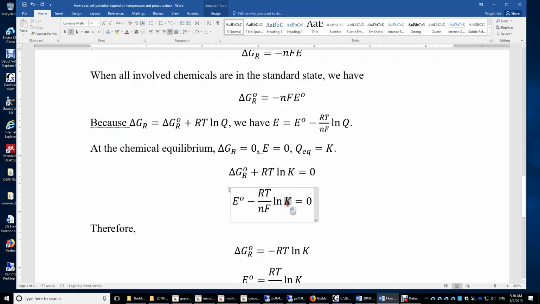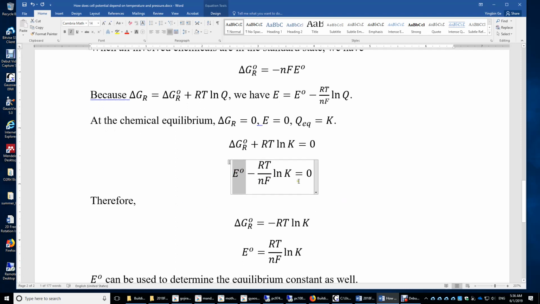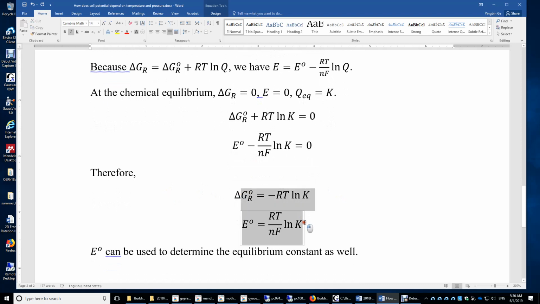Similarly, K can be expressed as a function of E naught, the standard cell potential. And vice versa. The standard potential is simply RT over nF times ln K. Over here, those are the equations that relate the equilibrium constant to the standard Gibbs energy of reaction or standard cell potential.